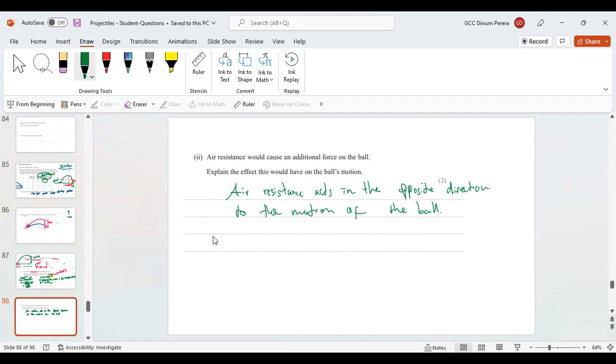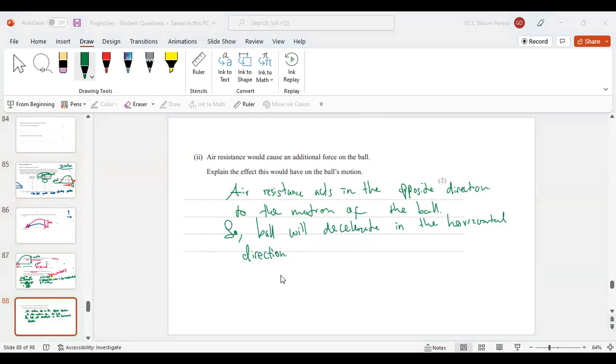So the ball will decelerate in the horizontal direction. Ball will take longer time to reach the goal.